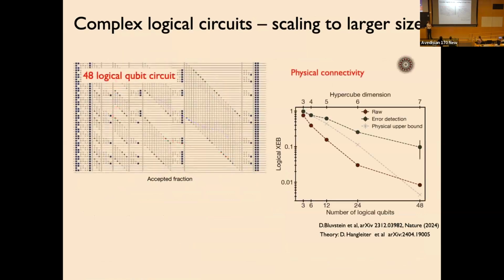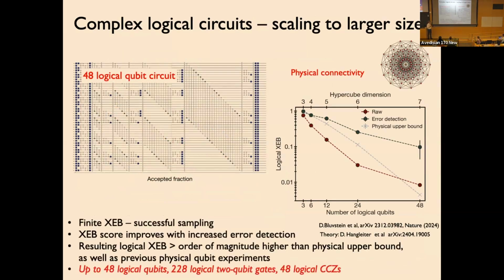This is a logical circuit, and we still see that this encoding and error detection still works. It results in a logical XEB which is quite a bit larger than the best possible XEB we could have gotten with our system, and also than what we measured without error detection.